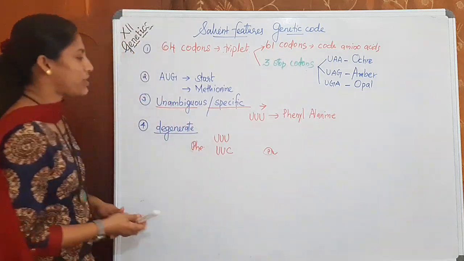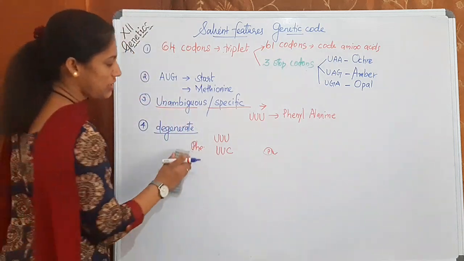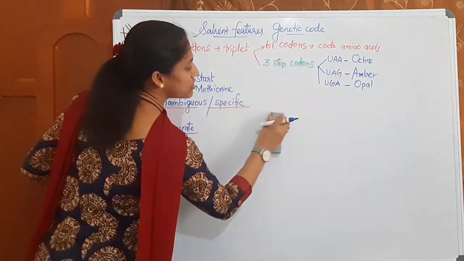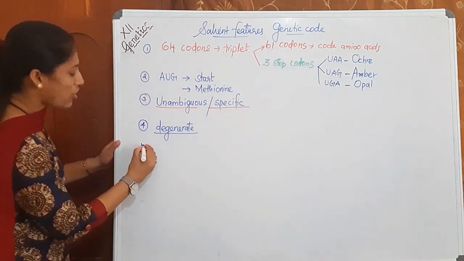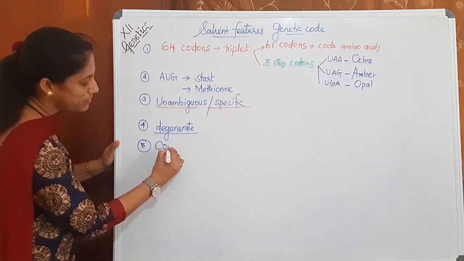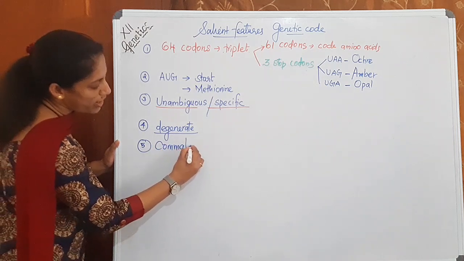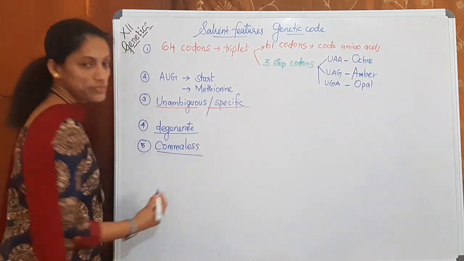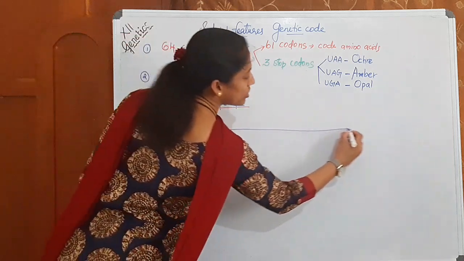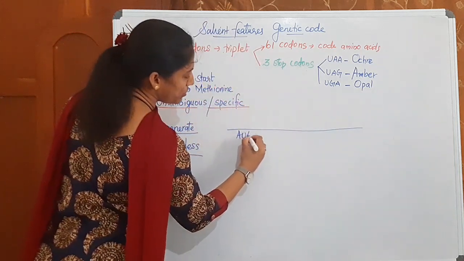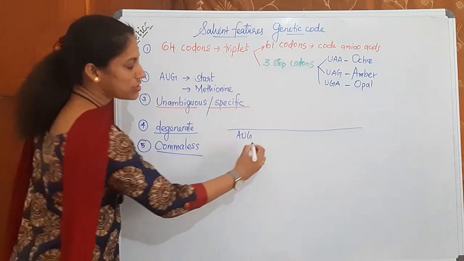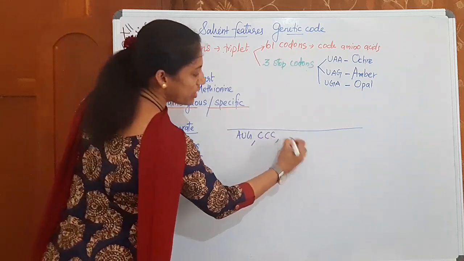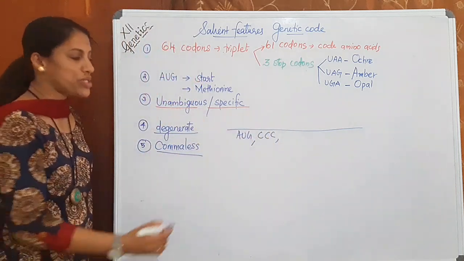And the next property of the genetic code is that the code is commaless. Commaless. What do you mean? When you write the code in an RNA, A, U, G, there is no break, there is no comma or any punctuation in between.